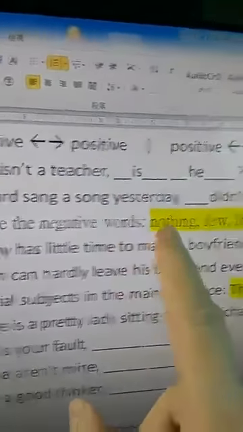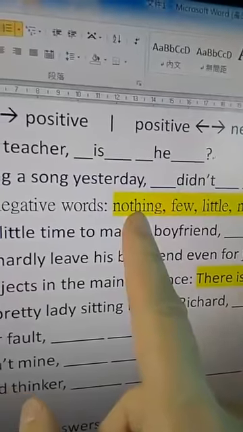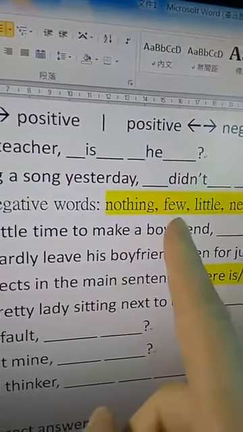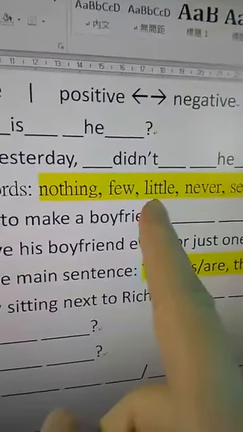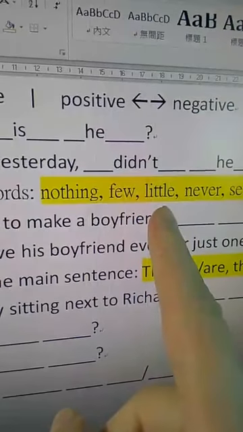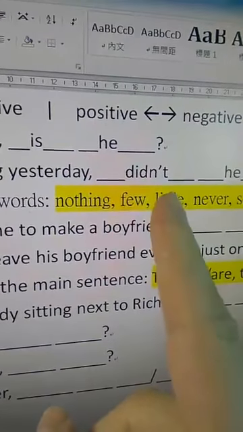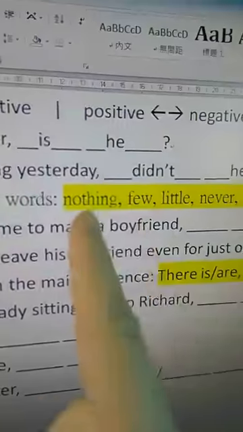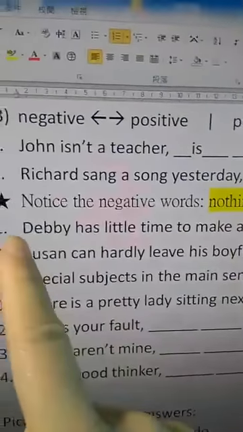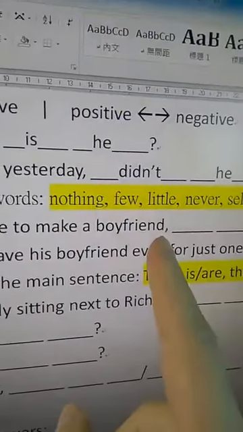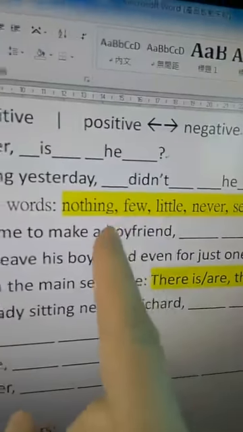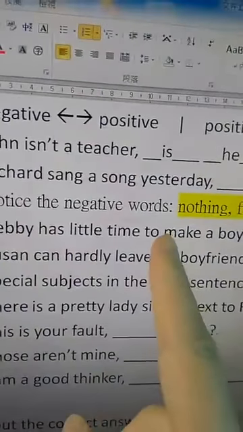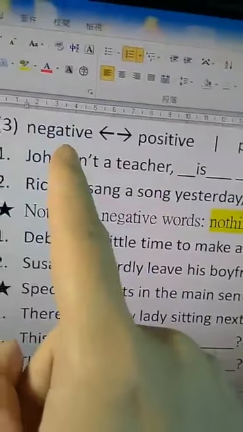For example, nothing. It is also a negative word. Few, little, they are also negative words. So all the time, pay attention if you can see these words in your main sentence. If you can see these words in your main sentence, then your main sentence is a negative sentence.